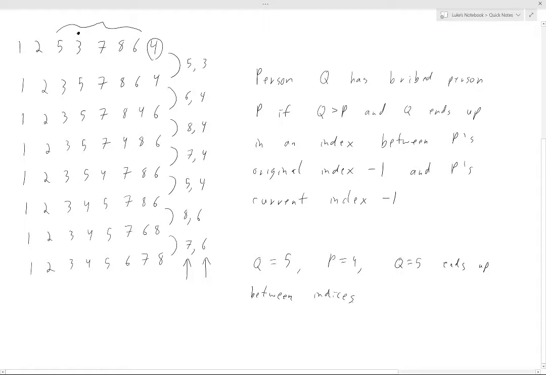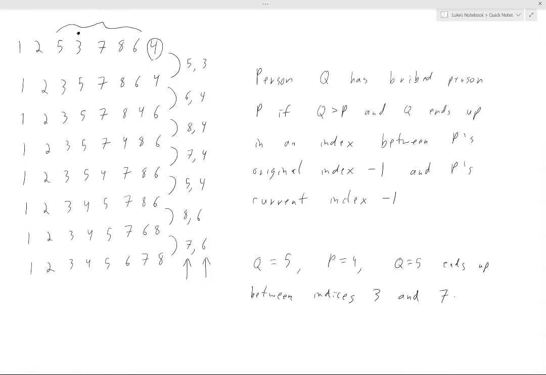Let's see here. P's original index was 4, so 4 minus 1 was 3. And P's new index is 8, minus 1 is 7. So basically, Q ends up between indices 3 and 7.